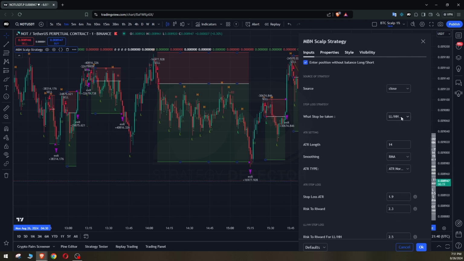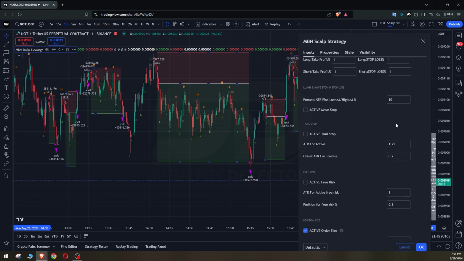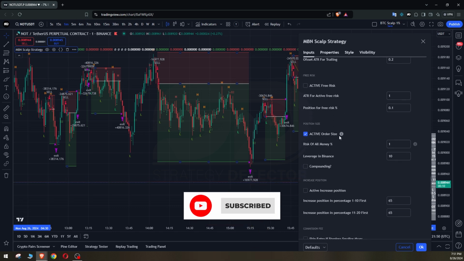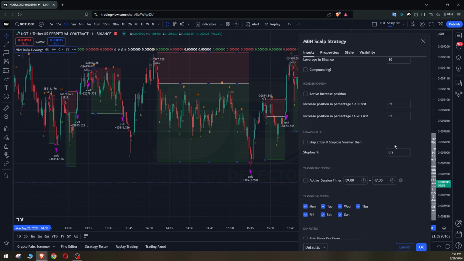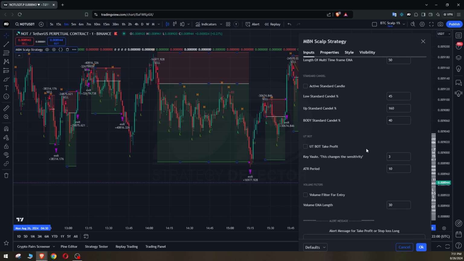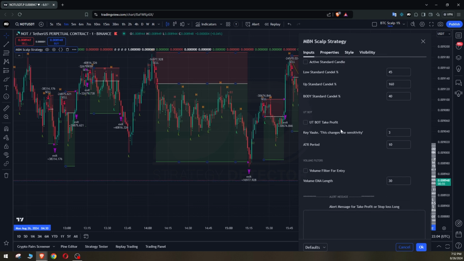Additionally, the strategy includes various stop-loss types that you can utilize. These stops include trailing stops, stops with fixed risk, and oversized stops that aid in risk management. The different features of this strategy will be fully explained in separate videos.